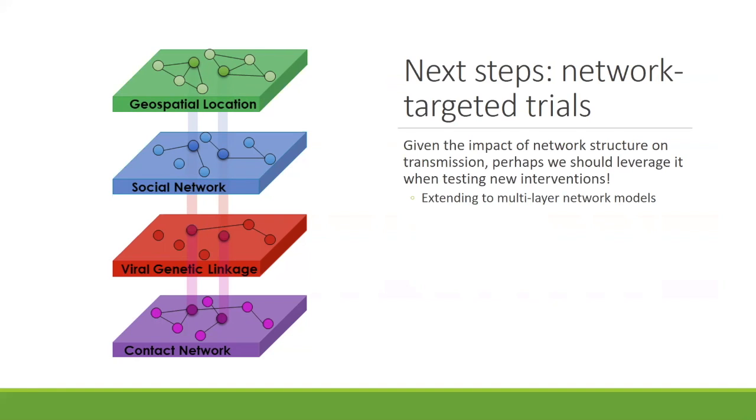But the idea here is, I hope I've convinced you that network structure matters. And so it matters for these simulations in terms of giving a picture of how things work, but perhaps we could also leverage it in the real world, either as part of an intervention or in a trial.